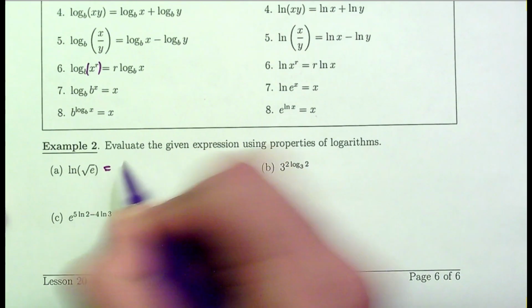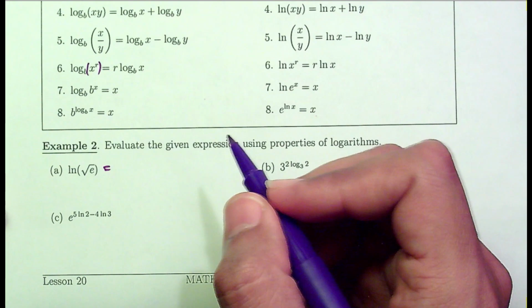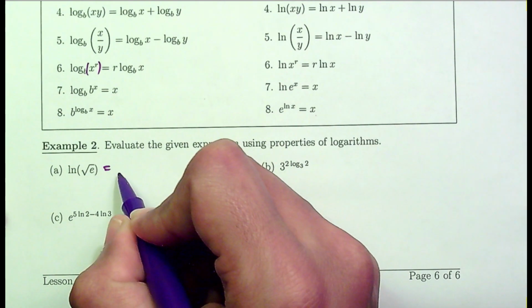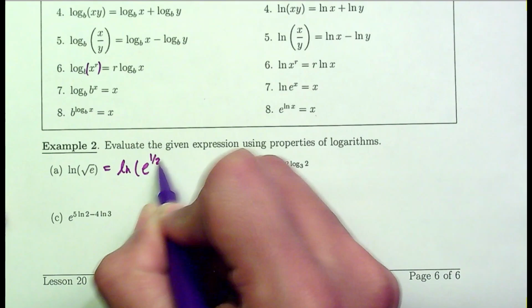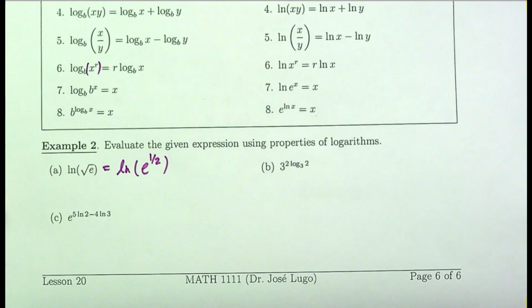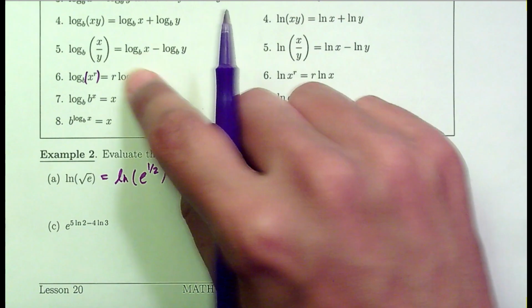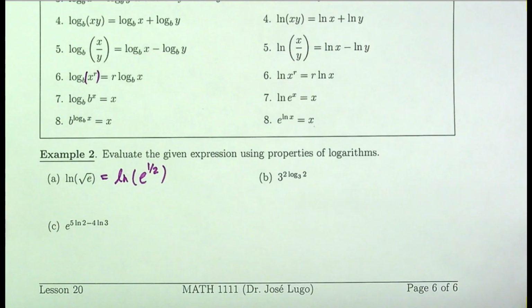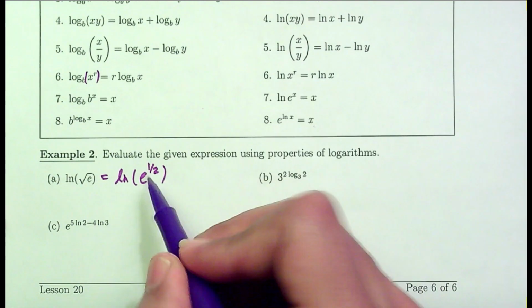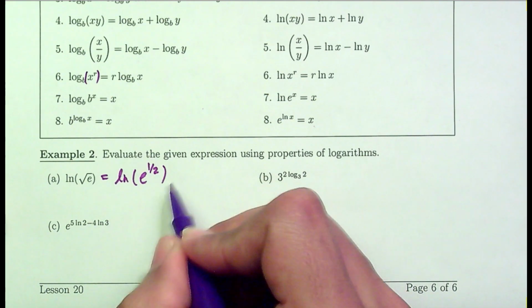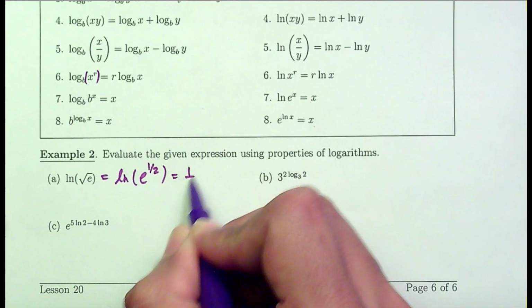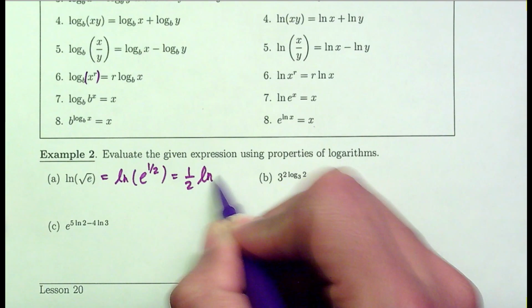The square root of e, we can rewrite using exponents. This is going to be ln of e to the 1/2. And then using property number 6, you can take that exponent and move it all the way to the front and say this is 1/2 ln of e.